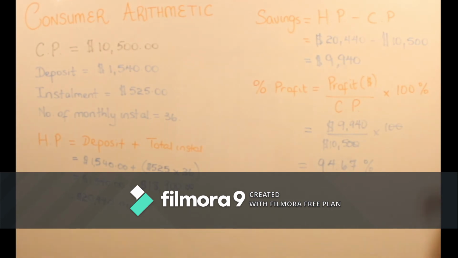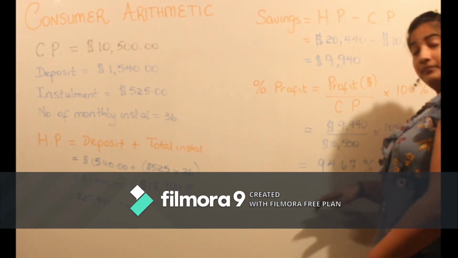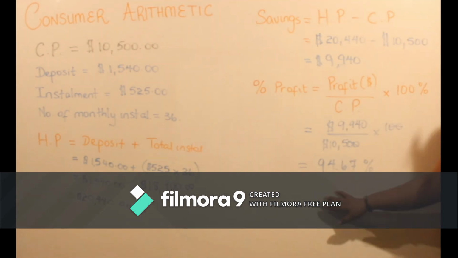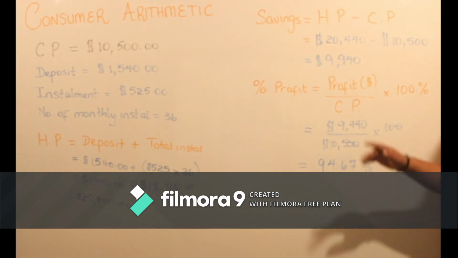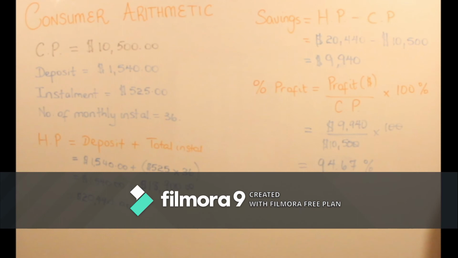If you wrote 94.67, you got your mark. If you wrote 95%, rounding off correctly to the nearest whole number, I gave you that mark as well. However, if you put 94%, I couldn't give you the mark because that's not correct if you were rounding off to the nearest whole number.